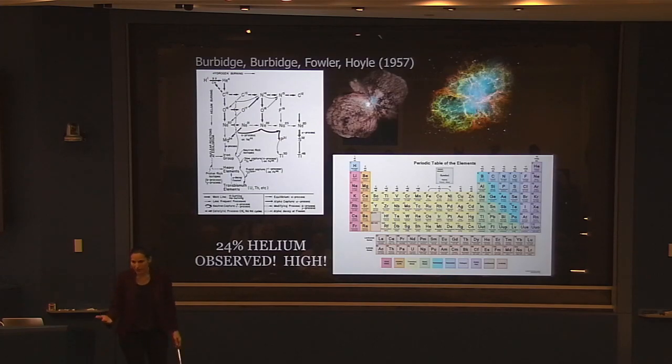But there's a problem. So what's the problem? The problem is that helium goes away inside stars and in supernovae. You burn to helium, then you burn again, you burn to carbon, you keep on going, you keep burning.